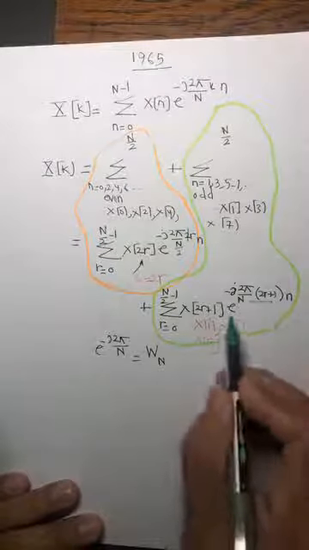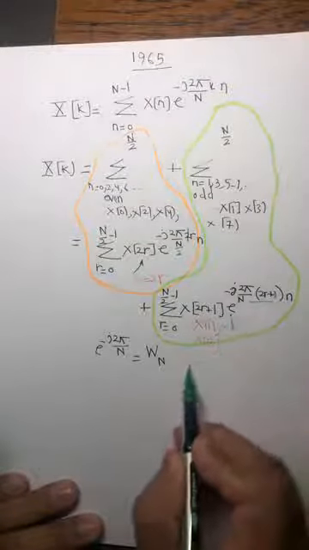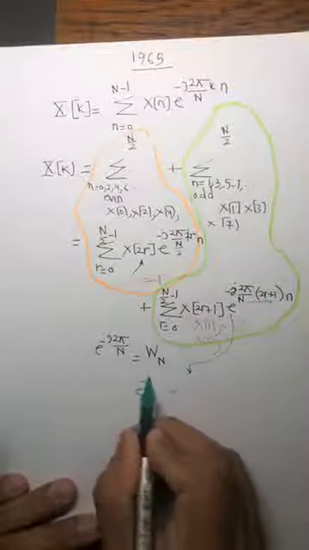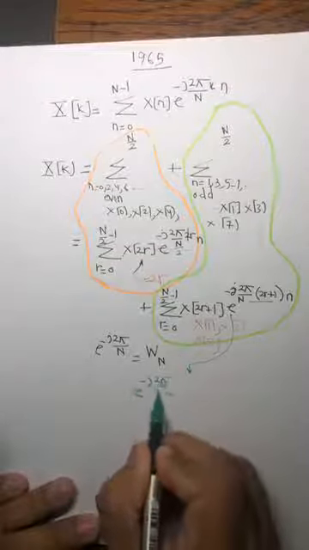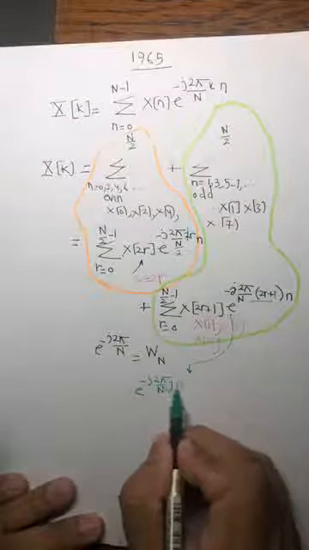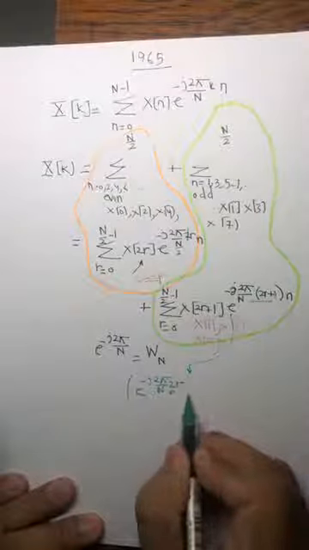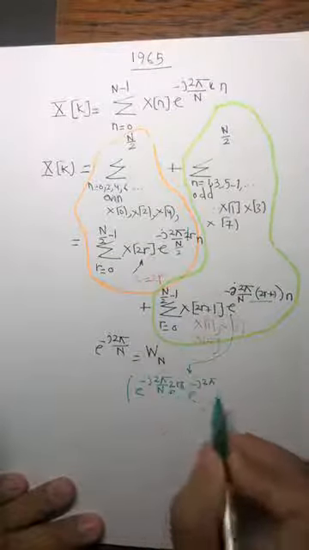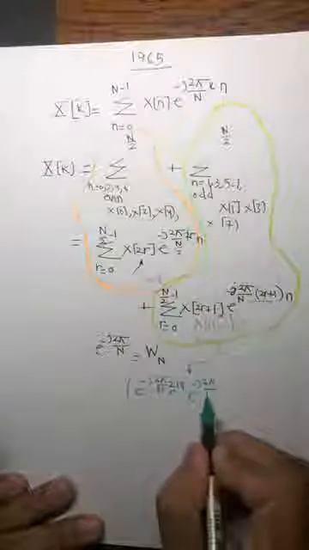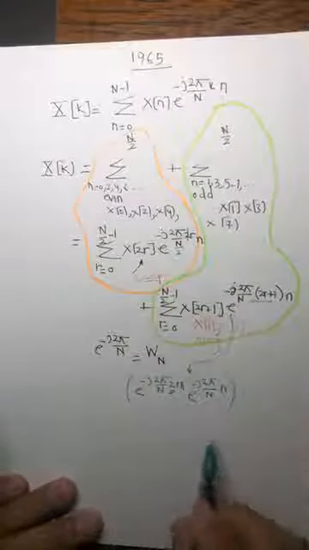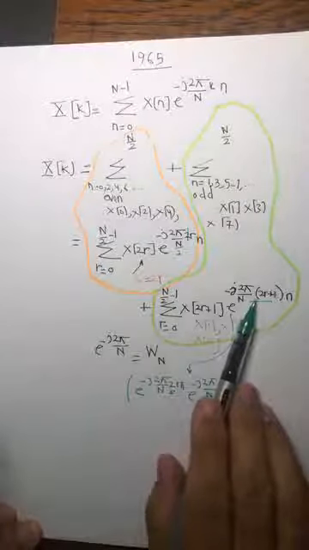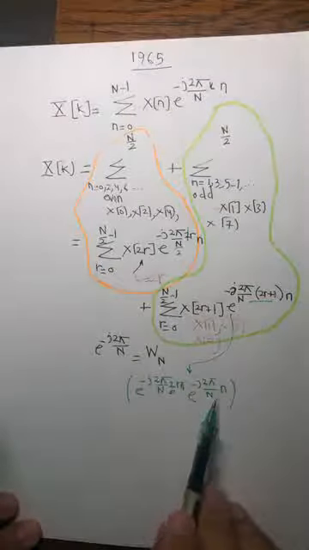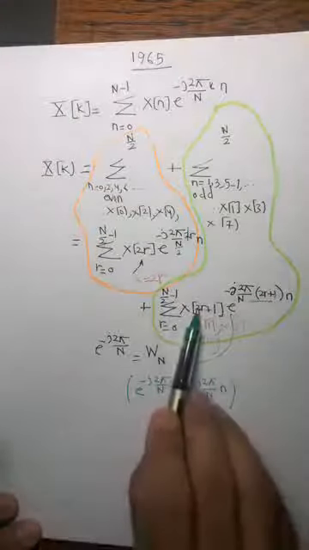This is all they did: they played with this exponential, and said it is exponential minus j 2 pi over n into 2r, into exponential minus j 2 pi over n into n. So they split this into two parts. Because this part is independent of r, they can bring it outside the summation.